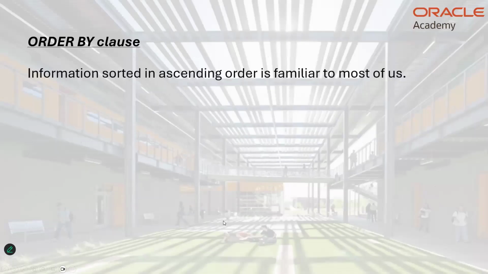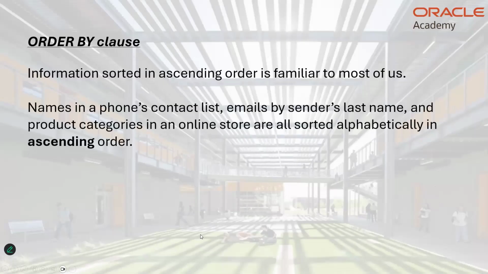All right, so what is this ORDER BY clause? Information is sorted in ascending order. It's familiar to most of us. We count 0 to 10 by ascending, so 1, 2, 3, and then alpha. We may want to keep things ordered in a manner that we understand.